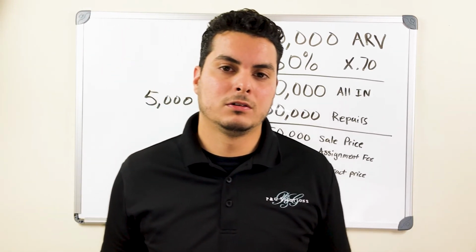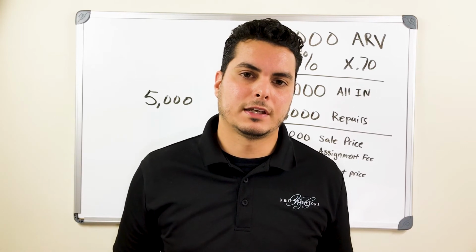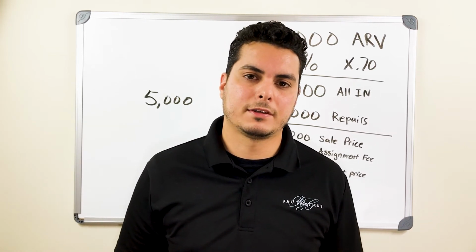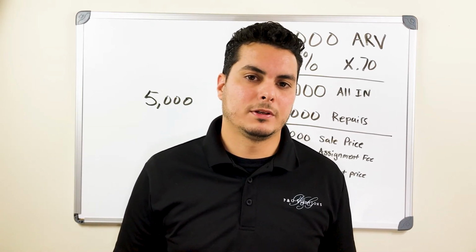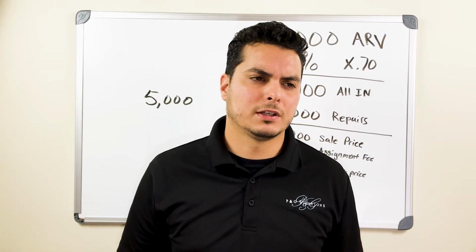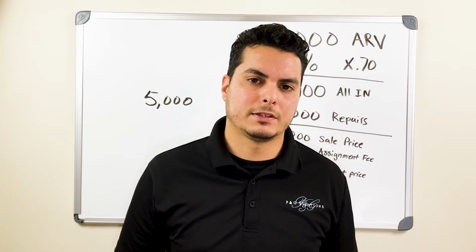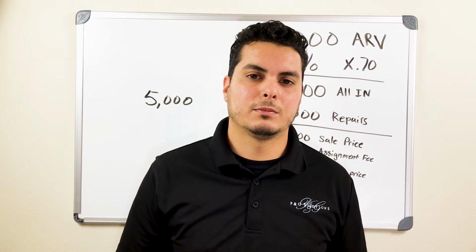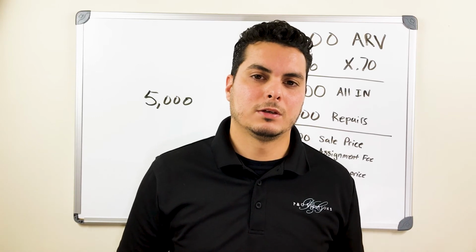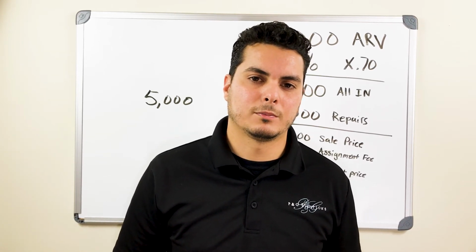Almost every property that we have sold has had some type of back taxes on it. The property that you guys saw me on, the one where I made $10,000 or $11,000, they owed like $400 or $500 in back taxes. The money that we were able to provide the seller, he was able to pay off all those back taxes and basically walk away from the property.